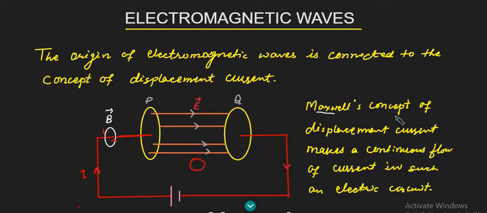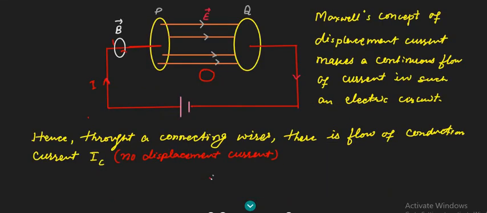Maxwell's concept of displacement current makes a continuous flow of current in such an electric circuit. Thus, according to Maxwell, the current that flows through the connecting wire is the conduction current, which is named IC, and there is no displacement current there.